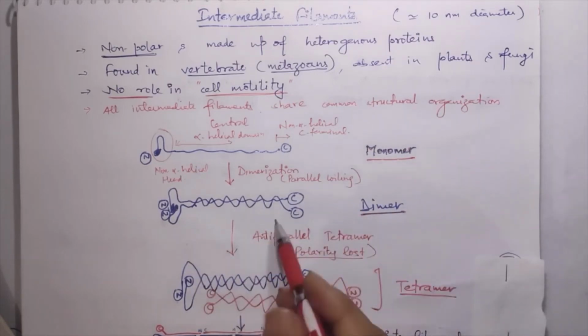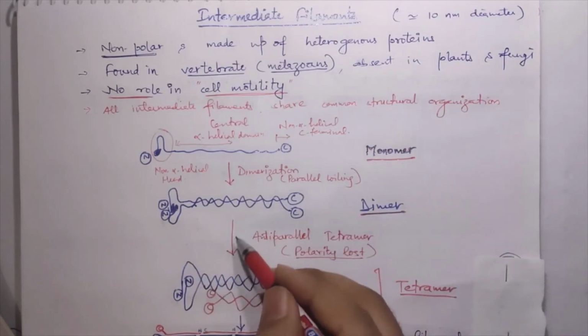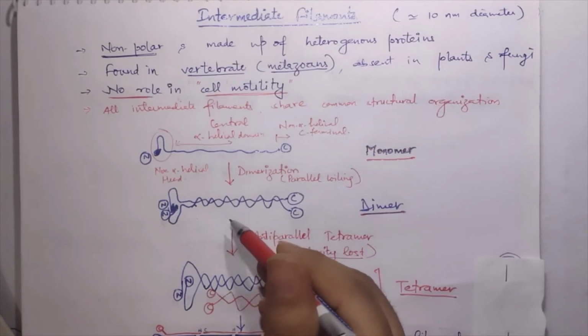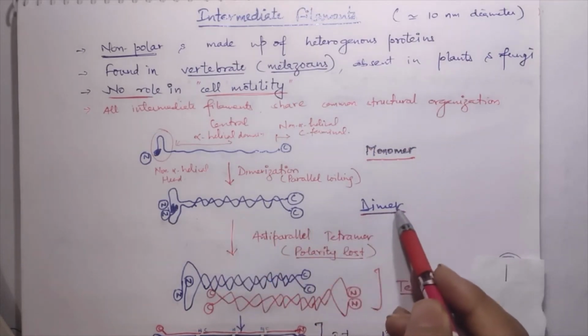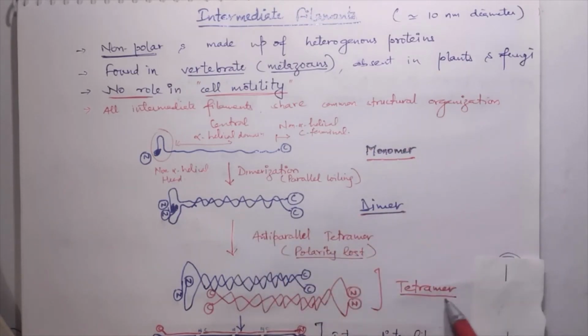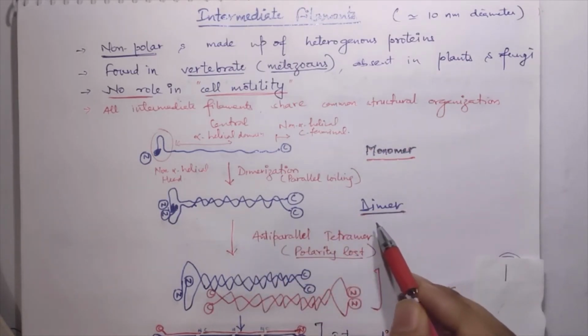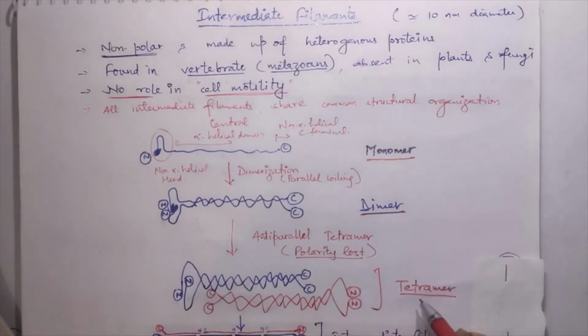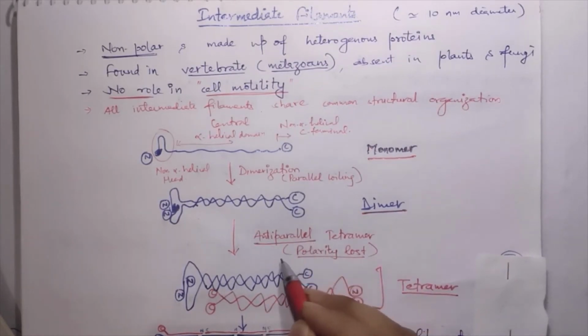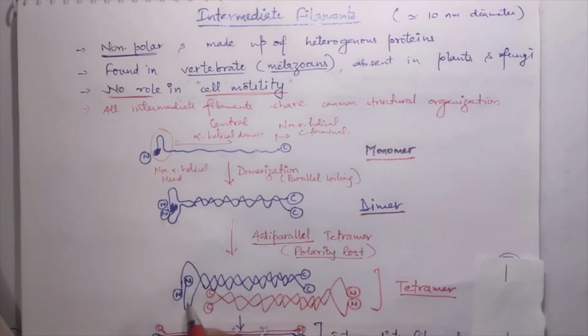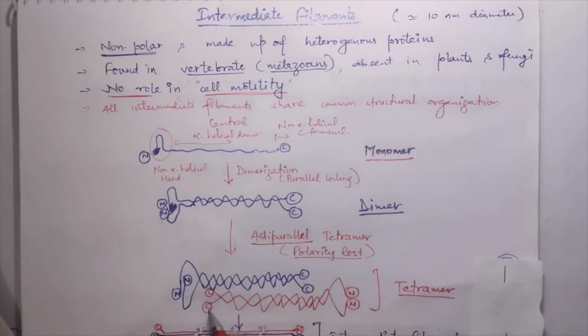Then here comes a phenomenon which is different from microtubules and microfilaments. These dimers are further arranged to form tetramers, but the arrangement of dimers to form a tetramer is anti-parallel. This means there is mixing of the N-terminal domain of one dimer with the C-terminal domain of the other dimer.